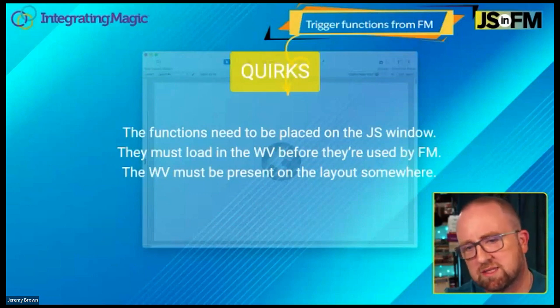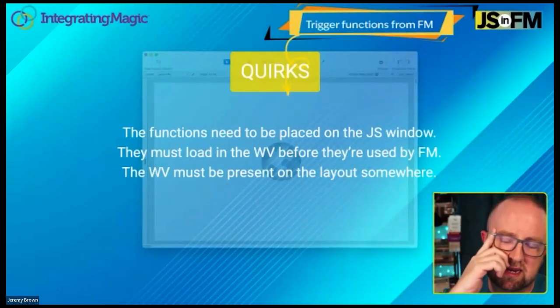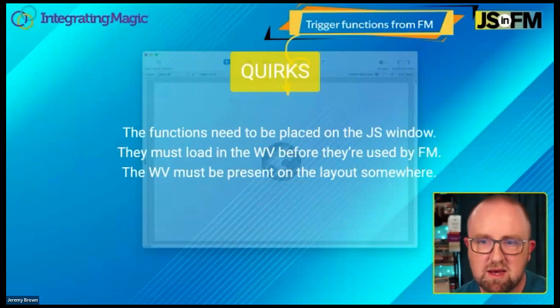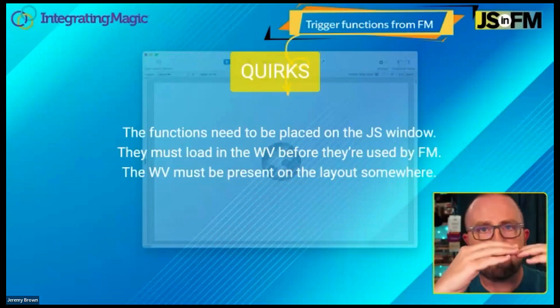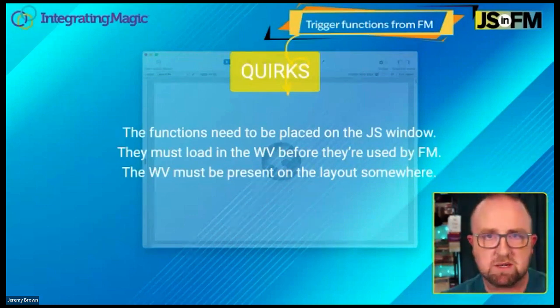Okay, so I said the third one first, but the first one is important to understand, and I'll show an example of it. Hopefully my code will be easy to read. I'll make it big. The functions that we write in the JavaScript must be placed in a layer in the browser, actually, where FileMaker can reach it.